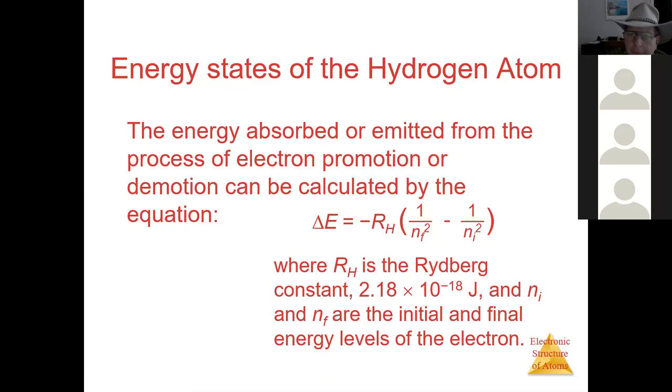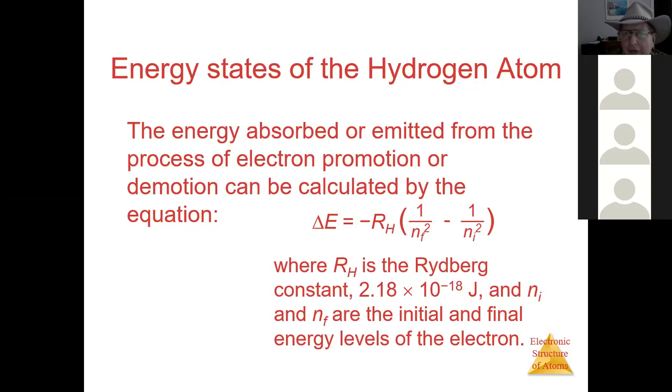So say we have the electron going from the third orbital down to the first. So my nf is 1. My ni is 3. So in effect, this equation becomes 1 over 1 minus 1 over 9.